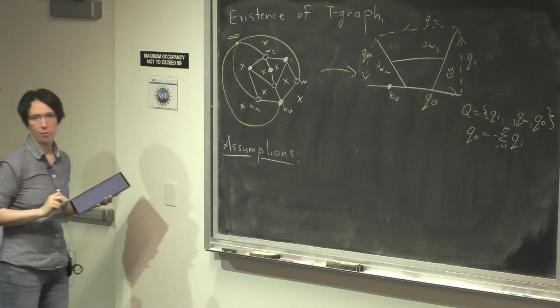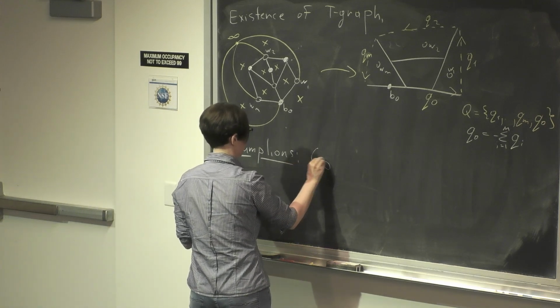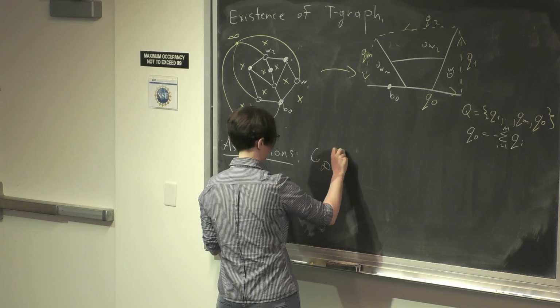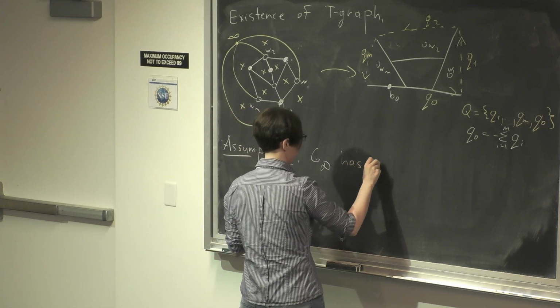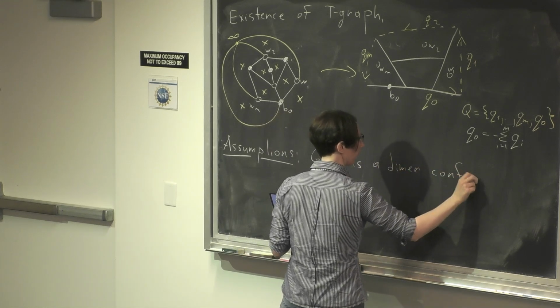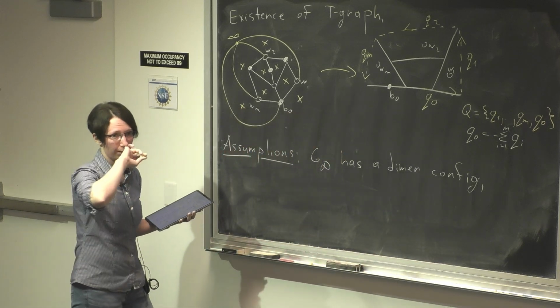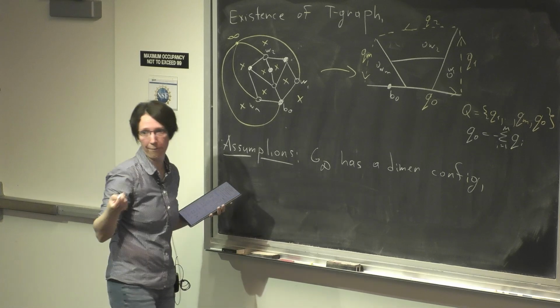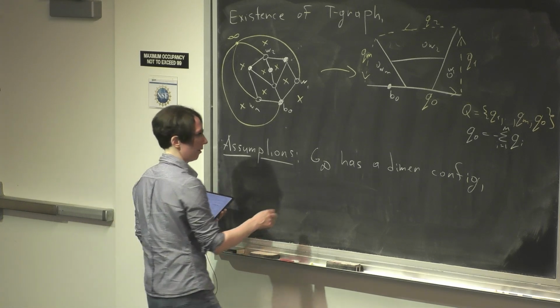I need some assumptions on the graph. So assume that the initial bipartite graph has at least one perfect matching, a dimer configuration. We'll also assume that there are no unused edges in this dimer configuration, which means that every edge is contained in at least one dimer configuration.